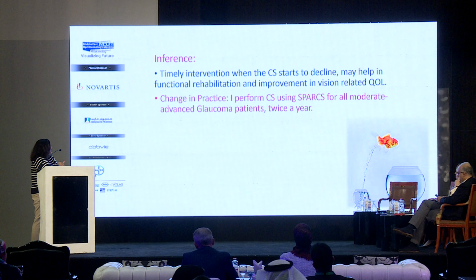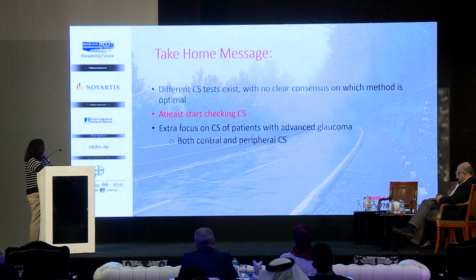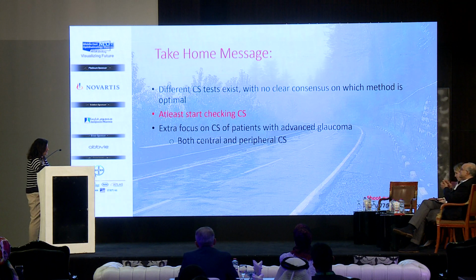I would suggest all of you try this tool, because timely intervention once the contrast sensitivity starts dropping can do wonders for your patient. I have made a change in my practice: I check contrast at least twice a year in patients with moderate to severe glaucoma. So my take-home message is that different contrast sensitivity tests exist. You can use any that you are comfortable with, but at least start using contrast in your patients who have advanced disease, and I'm sure that will help you change your treatment strategy. Thank you.